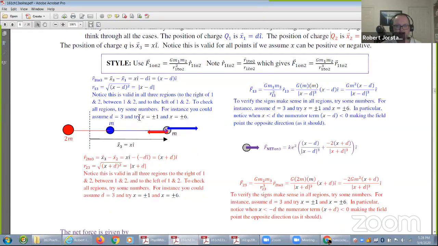Notice what I did: I said R 1 to 3 is this. Take a minute to think about that. This is the position of mass 3. This is the position of mass... oh, shoot. Okay, good, I named them the same. Just checking. So 3 is our... oh, no, I didn't. Oh, crap.